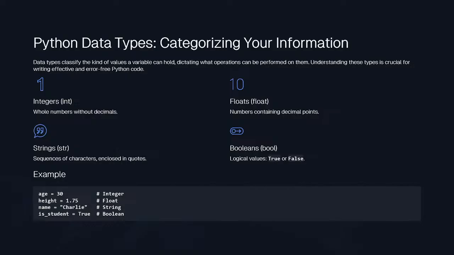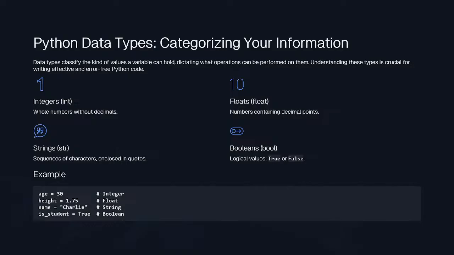Now, string is basically strings of characters, or any alphabets. Anything that is string can be anything inside code. For example, if I write 89 inside quotes, it's a string.